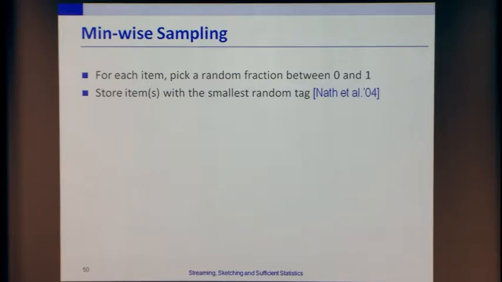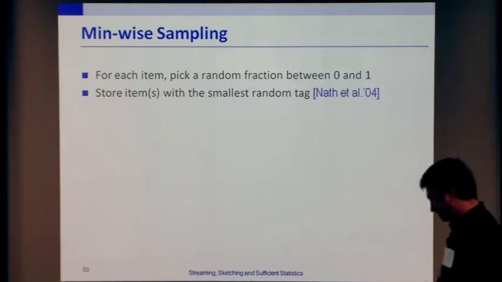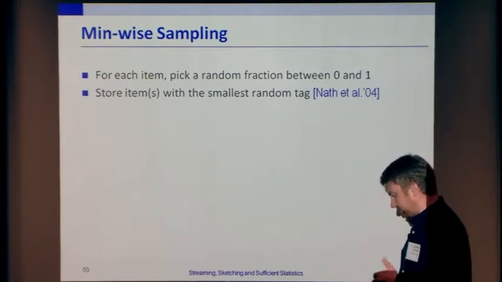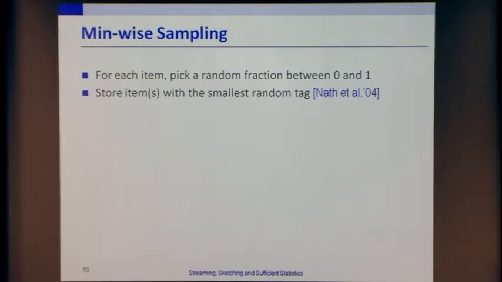So if I want a sample of size m, then I'm just going to pick the m smallest random tags. Already this seems a little bit reminiscent of the k-minimum values algorithm we saw yesterday for F0. The difference there is we were using a hash function to generate these tags so that when we saw duplicate items, we made the same sampling decision.